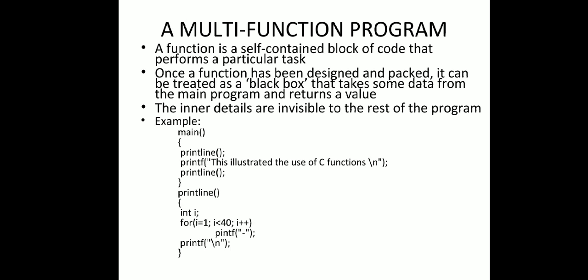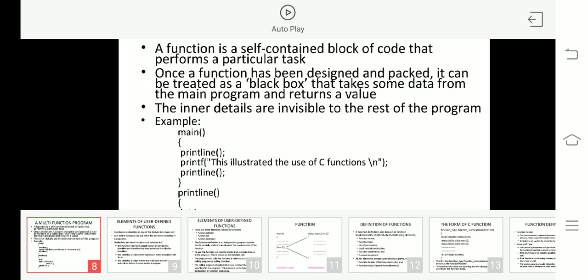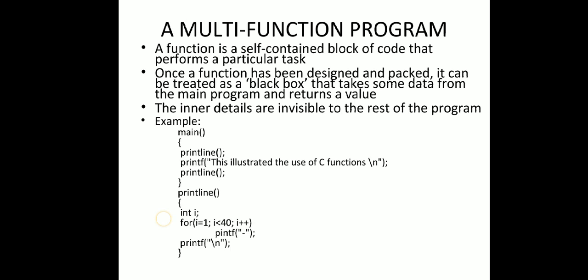So one example is given here. Inside the main function we have a println function and then we have printf. When the println function is called, the pointer will come to this particular line, println here, and then it will start executing this block of code.